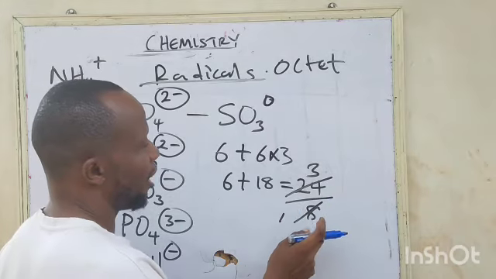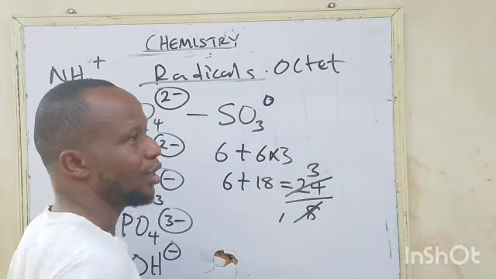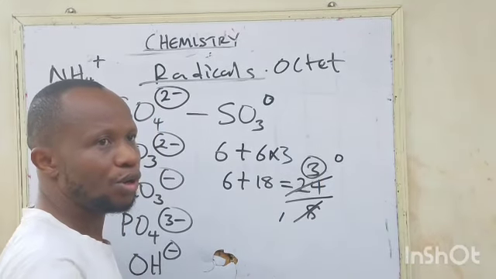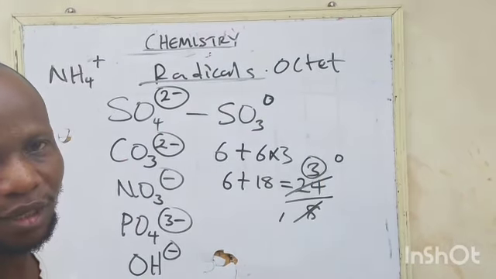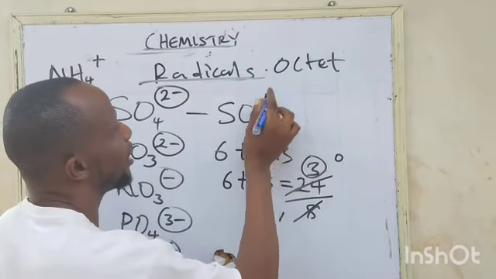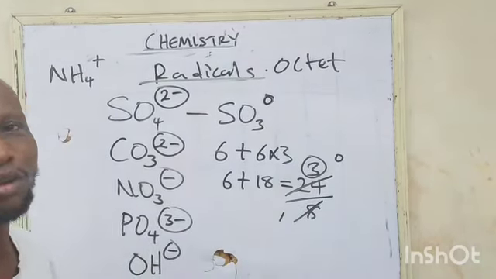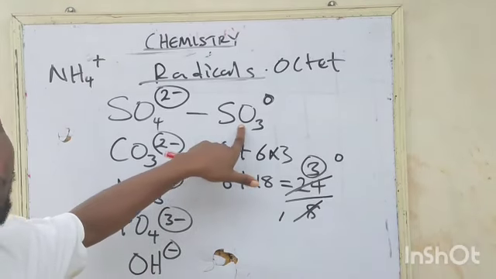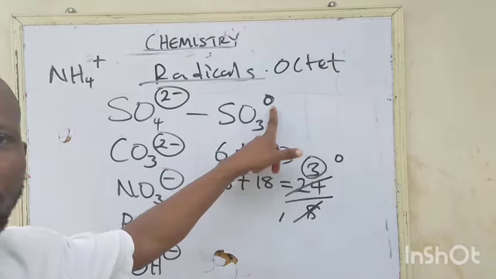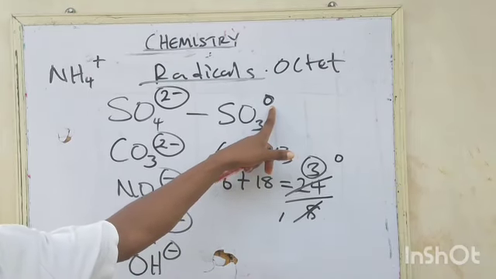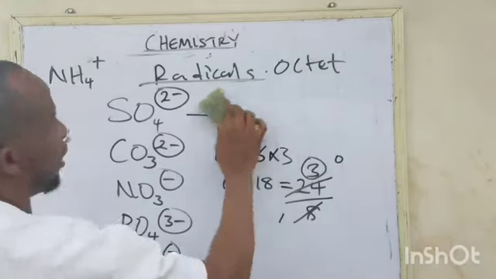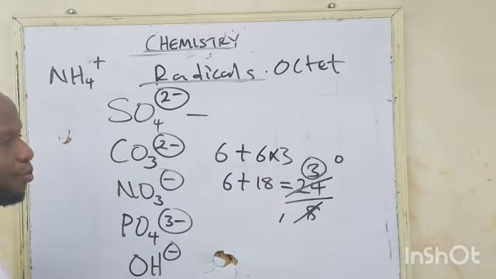No valence is left, no electron is left out. Therefore, that makes SO3 a neutral compound, so the oxidation number or the charge here is 0. So SO3 is not a radical. So it's out. I hope we are following.